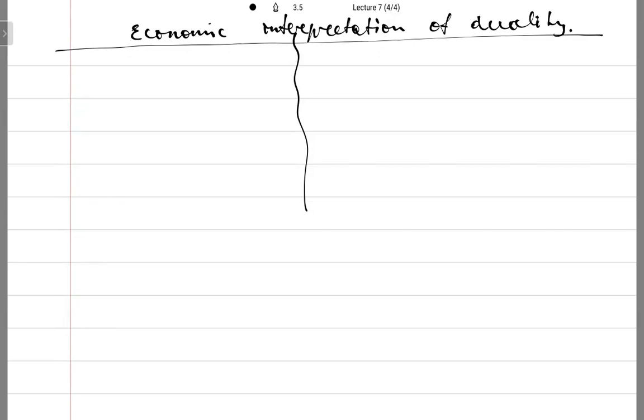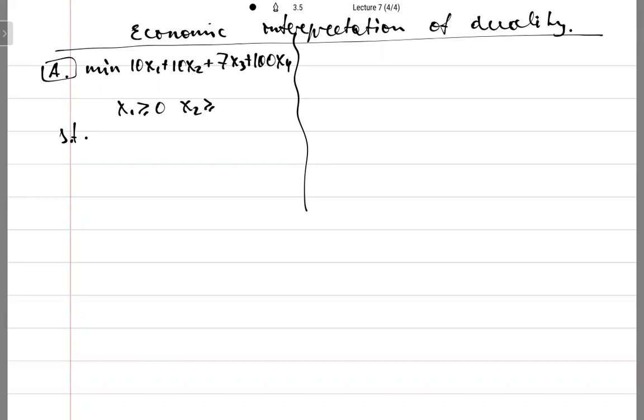Once again, let's consider the original and dual problem. Problem A was to minimize 10x1 plus 10x2 plus 7x3 plus 100x4, given that everything is non-negative.